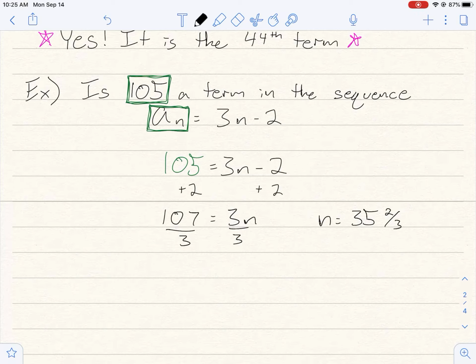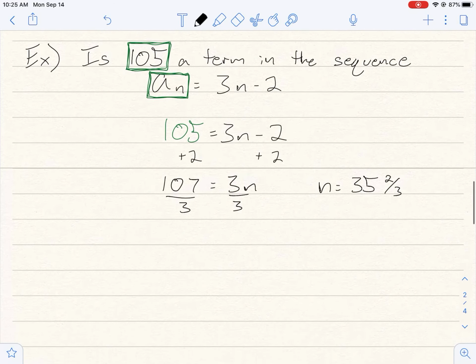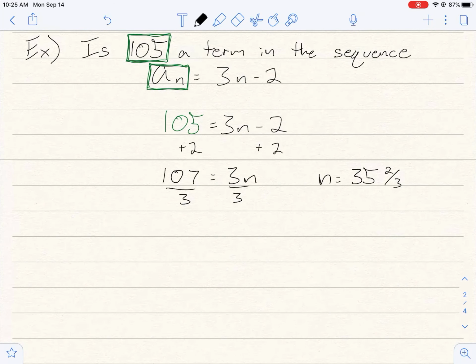But basically, note that it is not a whole number. It's not 35, it's not 36, it's 35 and 2/3. So because that happens, it means no. 105 is not a term in the sequence because n must be a whole number.